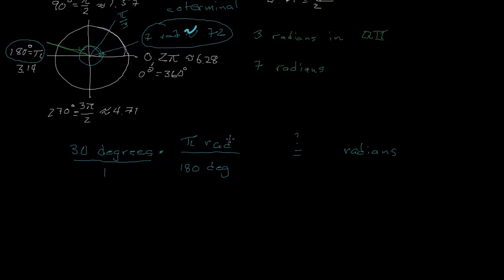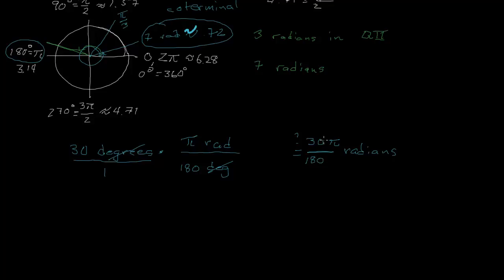This relationship is 1. It's a conversion relationship. The degrees are going to cancel, and this is going to be equal to 30 over 180 times pi.